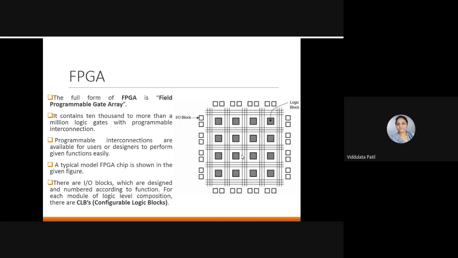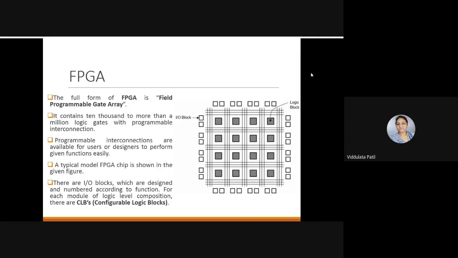A typical model is shown over here in this diagram, and you can see that there are IO blocks which are designed and numbered according to function. For each module of logic level composition, there are CLBs, that is, configurable logic blocks.